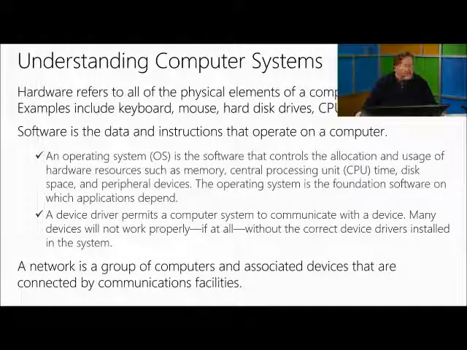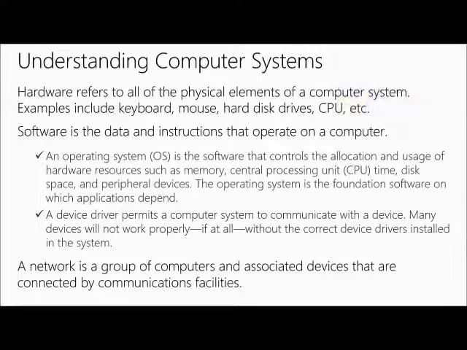So now let's talk about understanding the computer systems. Now, I look at this as being rudimentary and very basic, so bear with me as we cover this topic, but I think it's important to level set. The hardware in a computer system refers to all the physical elements of that computer system, like the keyboard, the mouse, hard drives, the CPU itself.